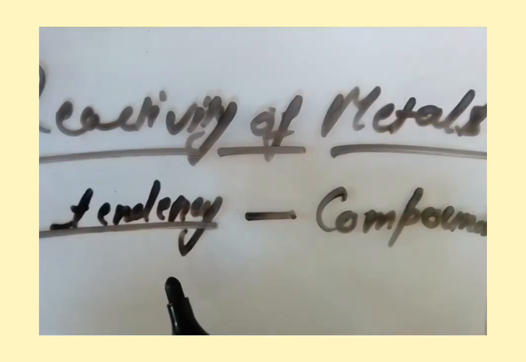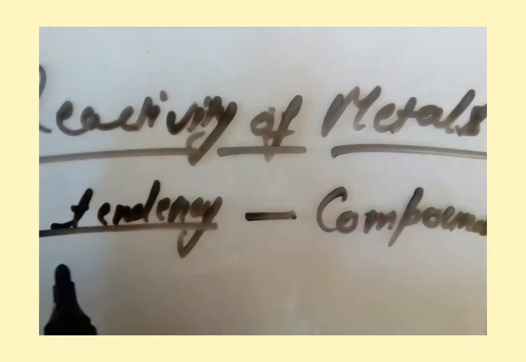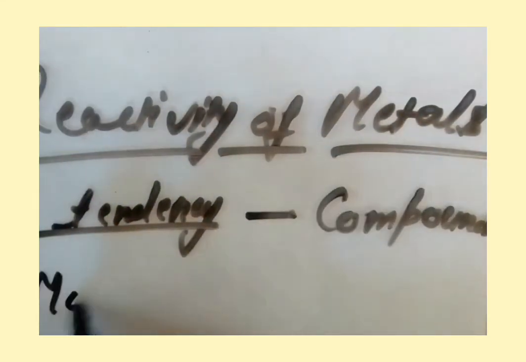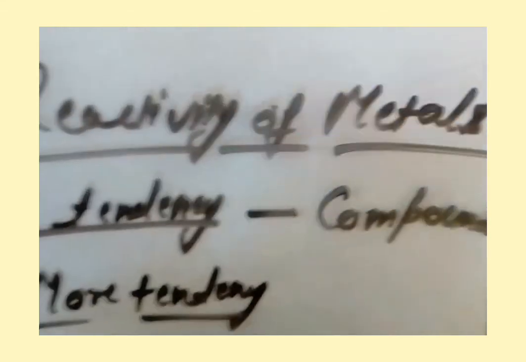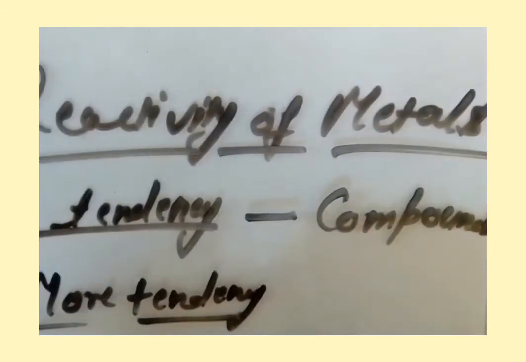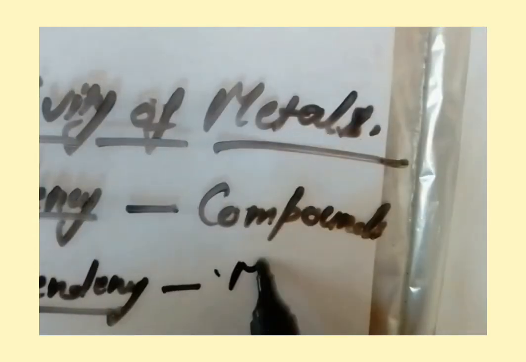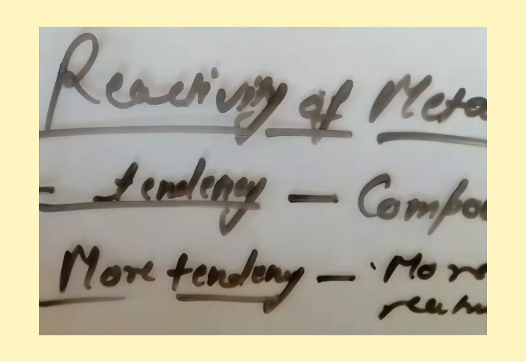And which will be more reactive, which will be least reactive? The metal that has more tendency to form compounds and react with other elements is called the more reactive metal, right?